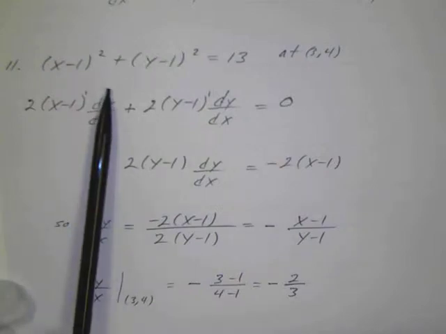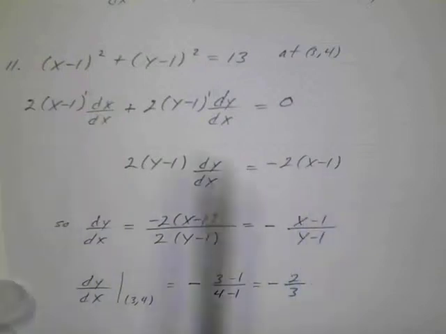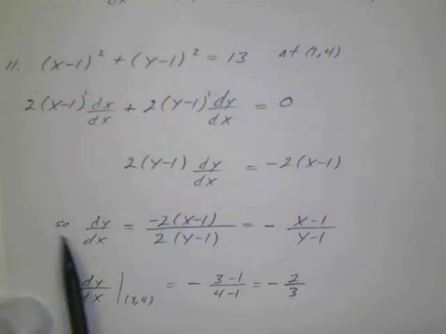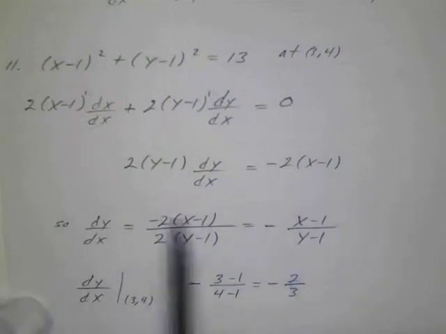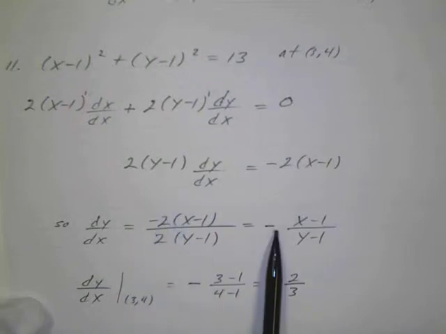So I'll subtract that term from both sides, so I've got -2 times (x-1) on the right. Just move this on the right, so we can isolate our dy/dx term, and then I divide both sides by 2(y-1). So dy/dx equals -2(x-1) all over 2 times (y-1). The 2 over 2 is 1, so I just end up with -(x-1)/(y-1).